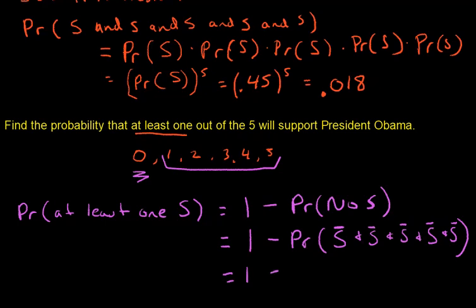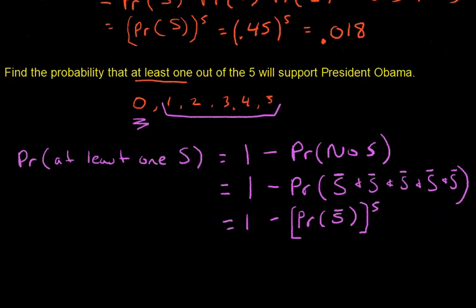So 1 minus, okay, let's see. I could use the multiplication rule. I could multiply them 5 times, or I could just bring it to the 5th power. Now, what's the probability of not supporting the president? Well, the probability of supporting the president is 0.45.